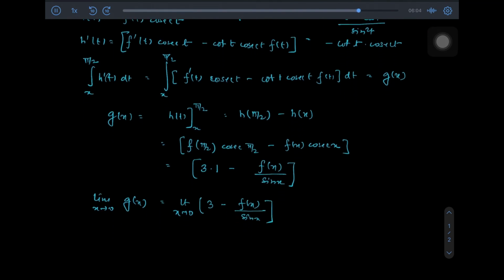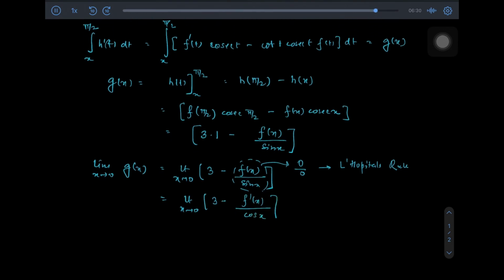Now if you see the limit of this function, it is of the form 0 by 0. So we can apply L'Hopital's rule. So this limit is now, limit x tends to 0, 3 minus, we differentiate the numerator and we differentiate the denominator.